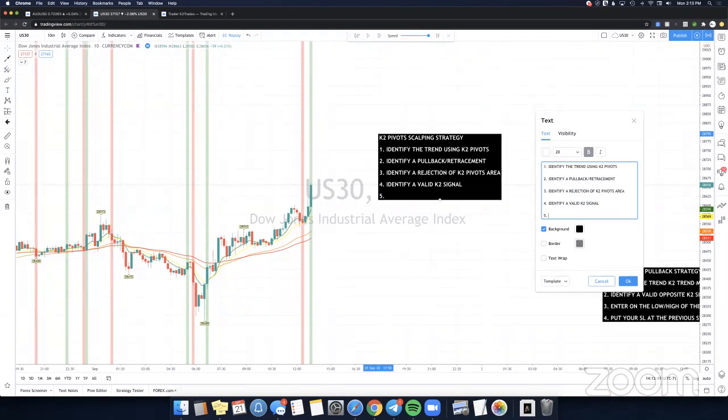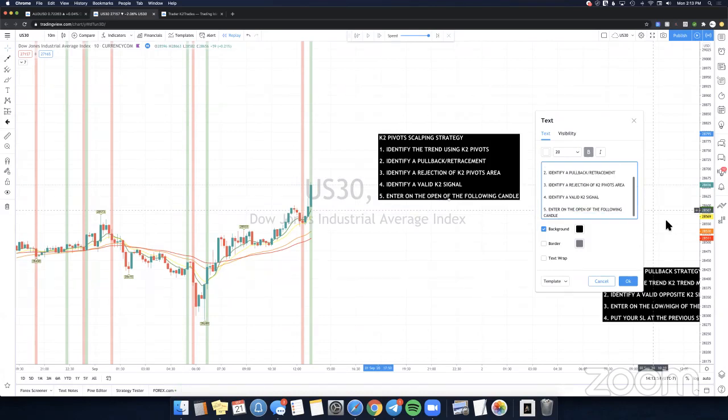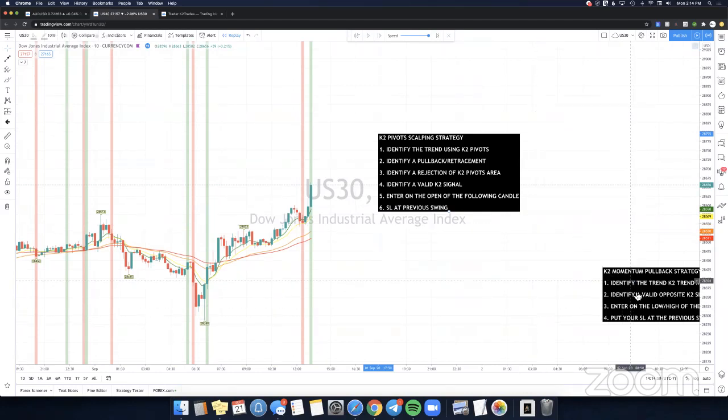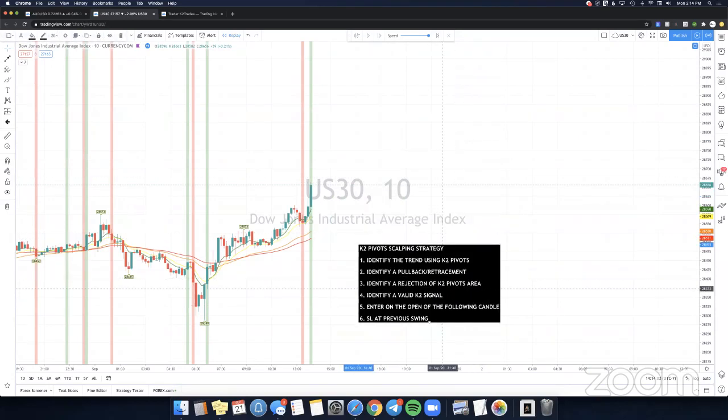And then once you get all those, you can enter on the open of the following candle. And then your stop loss would be, so this would be the K2 pivot scalping strategy.